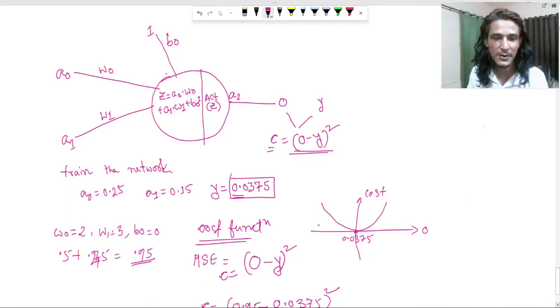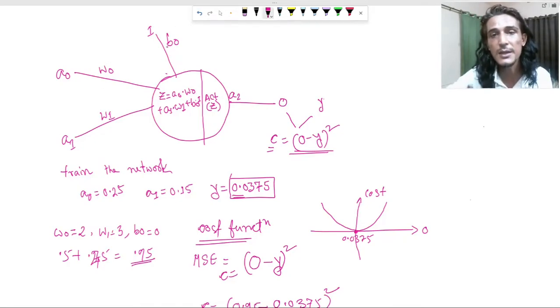Now, I'm repeating this one more time: what we want is for the network to learn these weights and biases such that, at the end, if we compute the cost, the value of the cost should be minimum. That's our goal, right? As soon as we define the goal of the network with respect to this cost function, it gives us a way of adjusting these weights and biases in a systematic way so that we can achieve that minimum cost goal.